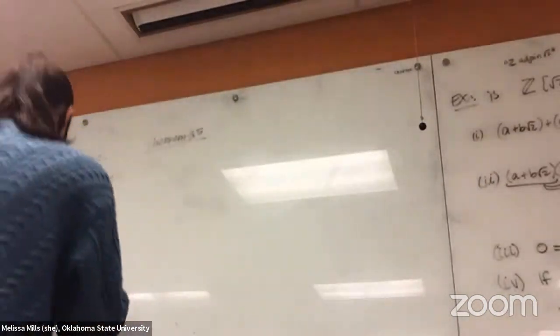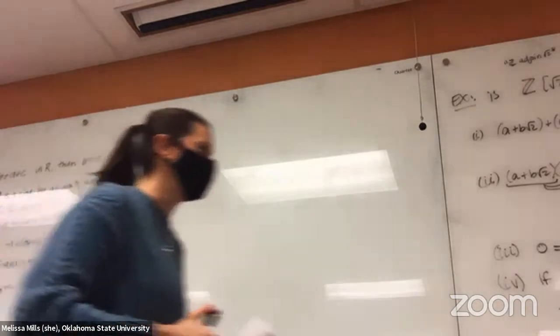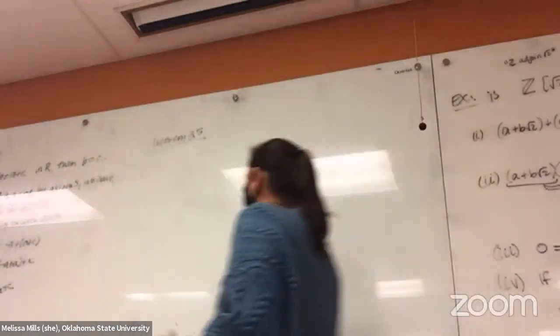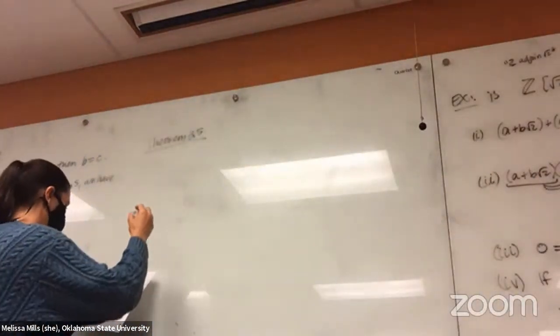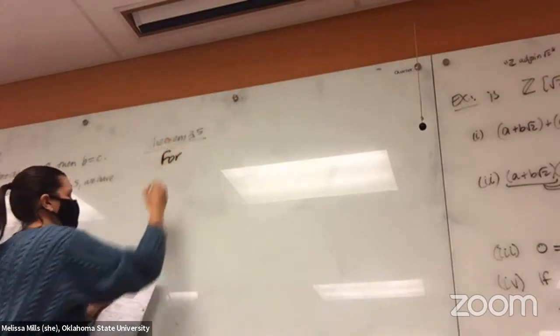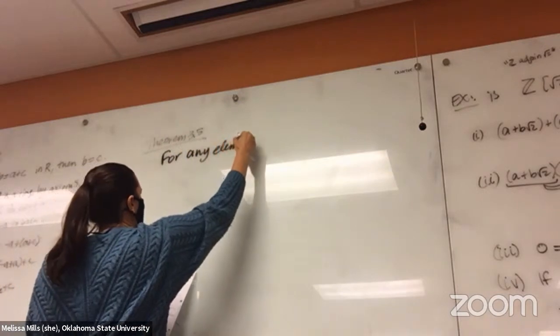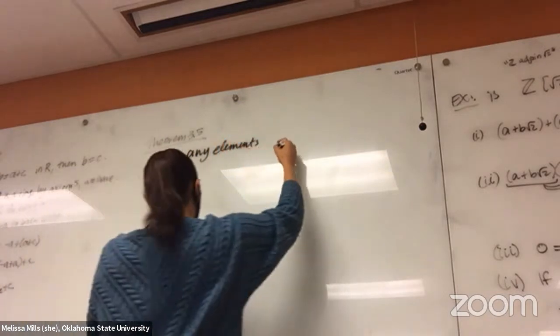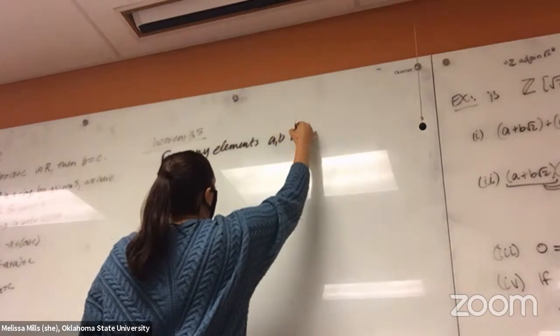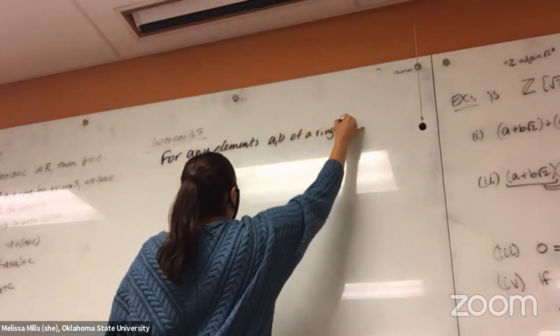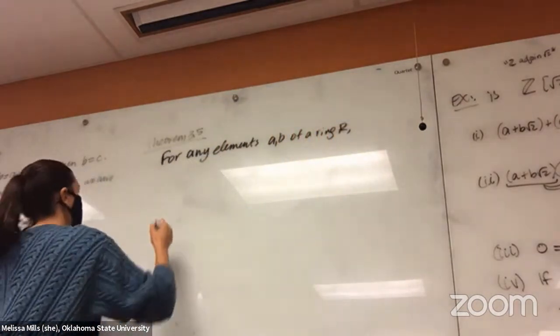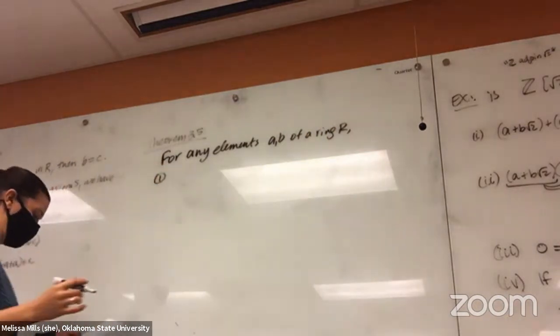Okay, let me get a better marker. Okay, so for any, ooh, that's so much better. For any elements A and B of a ring R, we're going to have this bunch of properties.